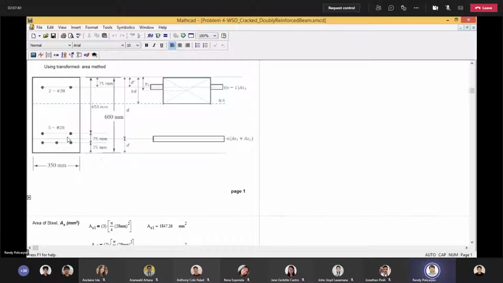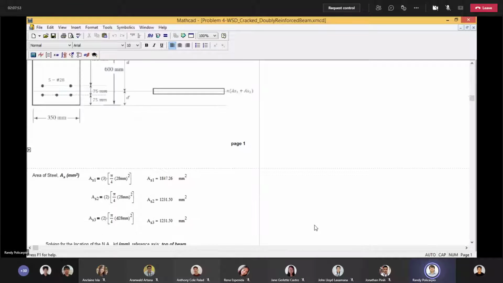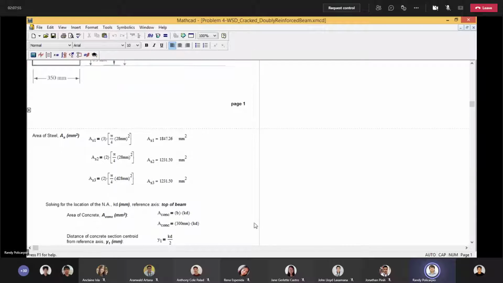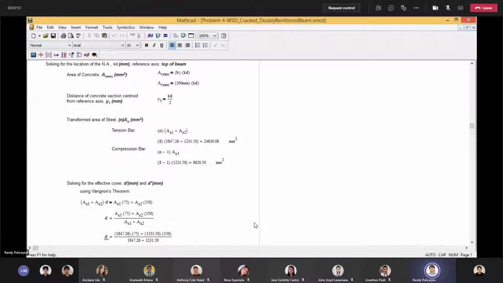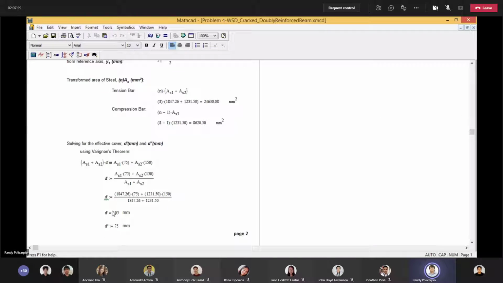Okay? So, kinukuha natin yung centroid ng group of bars, which is known as your D prime. So, ang tawag dyan ay D prime. So, using Varignon's theorem, and solving for D prime now, the result is 105 millimeter.